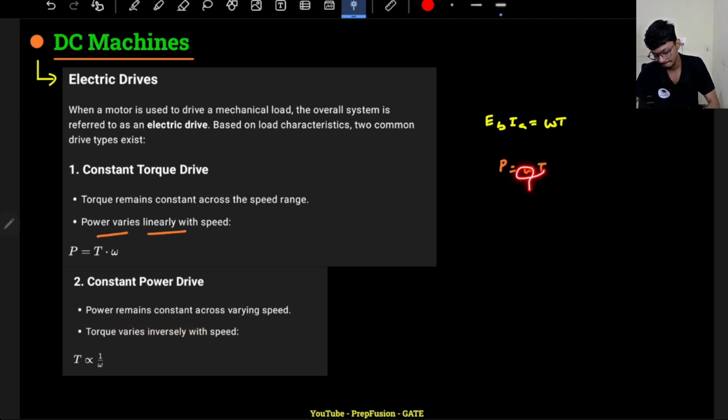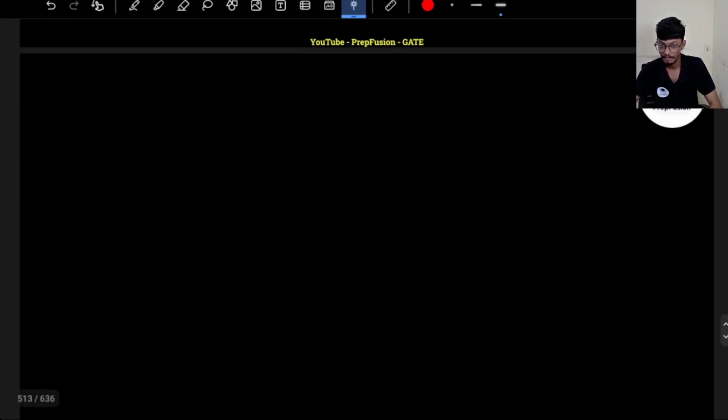If I vary the speed, power will be constant, which means the torque will be inversely proportional to the speed. So if speed increases, torque will reduce. That's basically it. I hope we have understood this basic point.